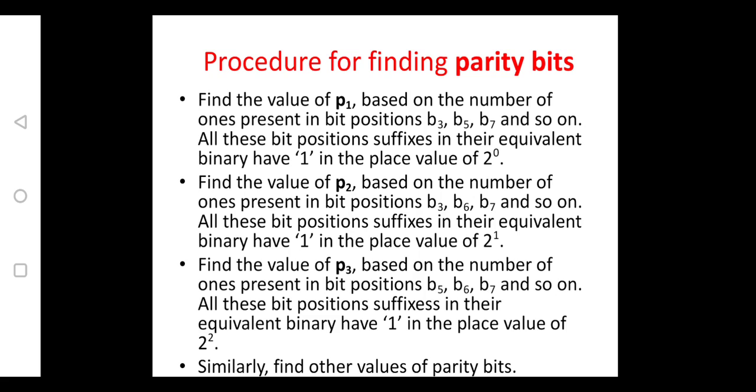So the bits here are 1, 0, 1. If we want to take odd parity, P3 should be equal to 1. If we want to make use of even parity, P3 should be equivalent to 0. So depending upon the parity given, we need to take that parity. If they didn't specify any type of parity, always assume the parity is odd. This is the procedure to find out the parity bits.